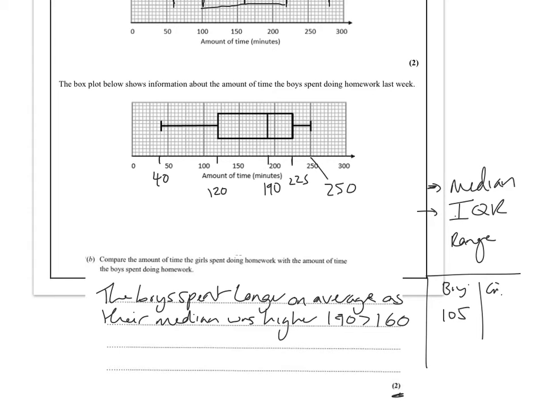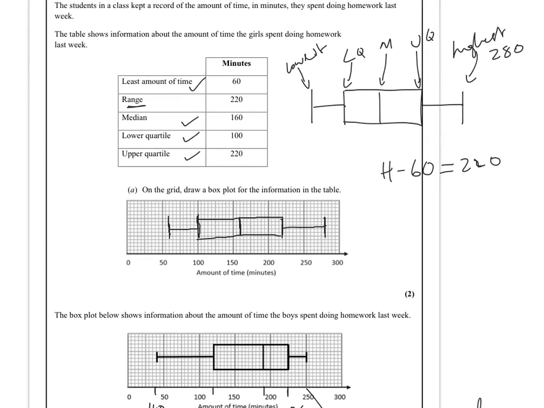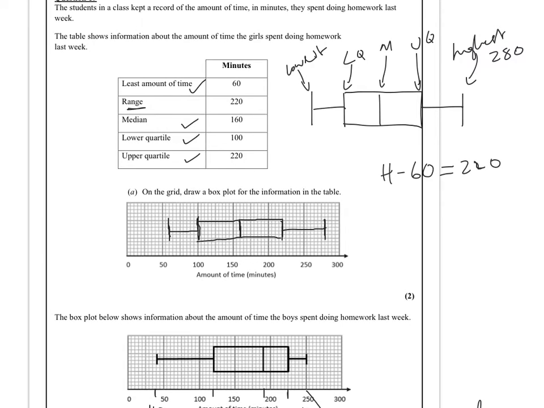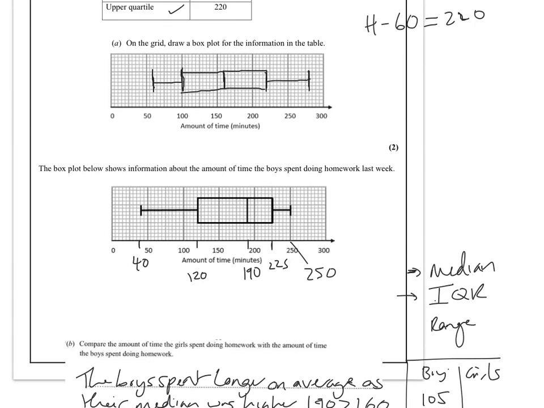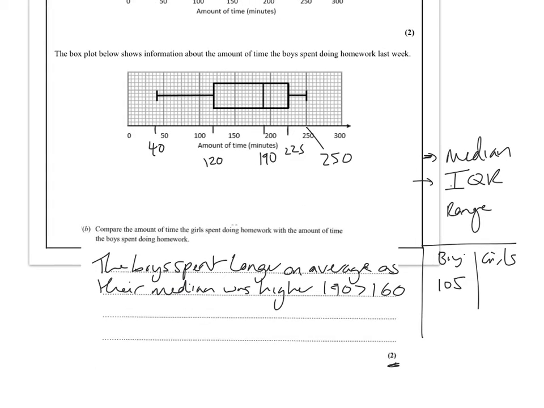And for the girls, if you look back at their data, their upper quartile is 220, the lower quartile is 100, so the interquartile range of the girls is bigger at 120. So from that we can say the girls' results are more spread out because their interquartile range is bigger.